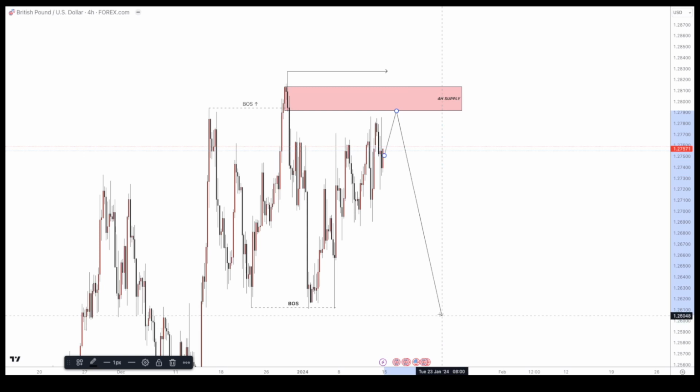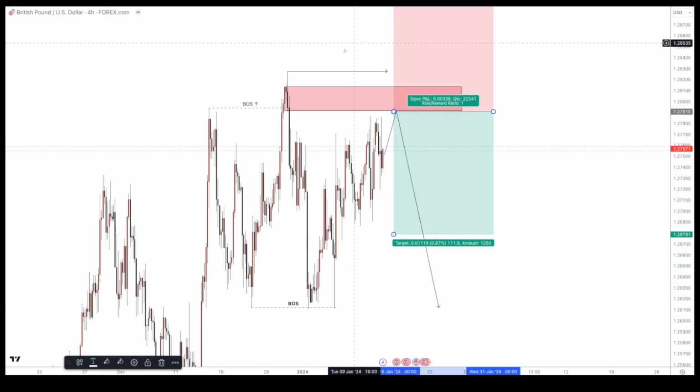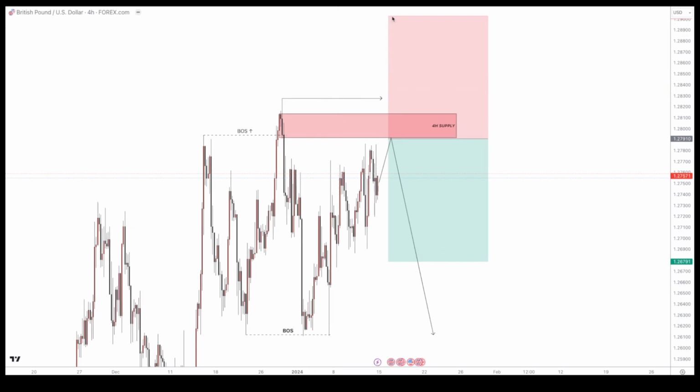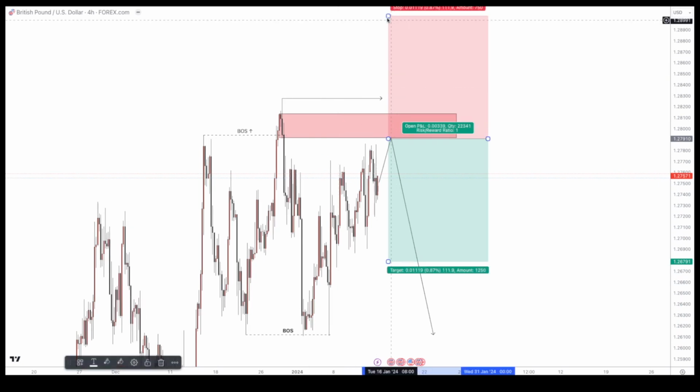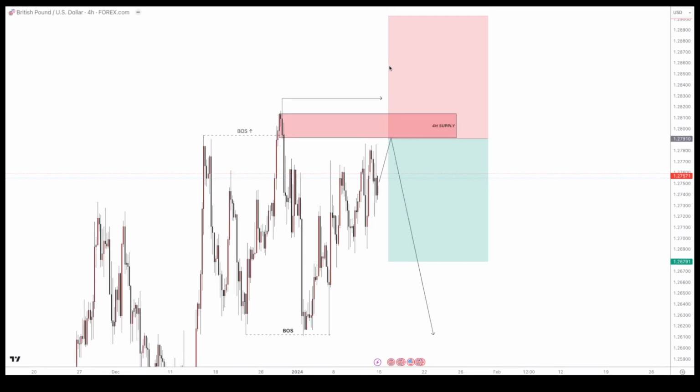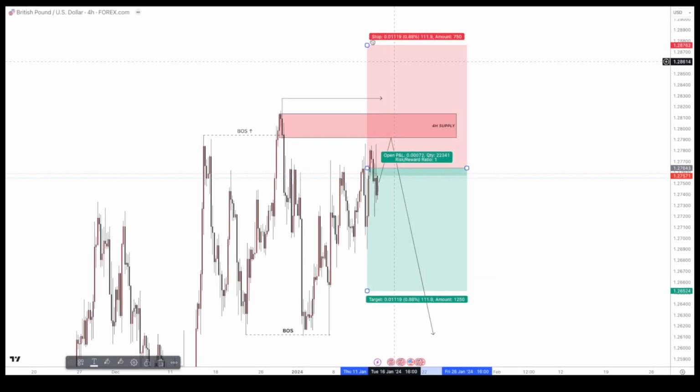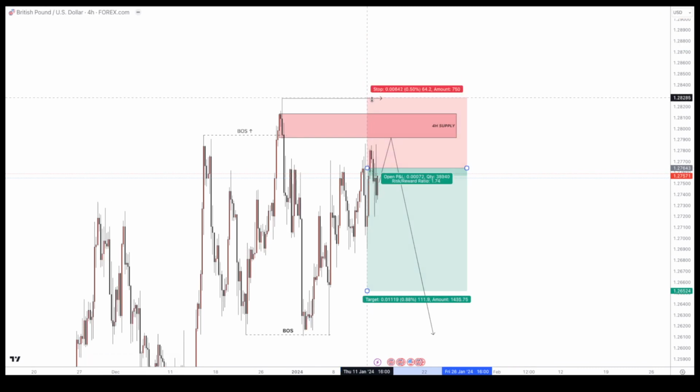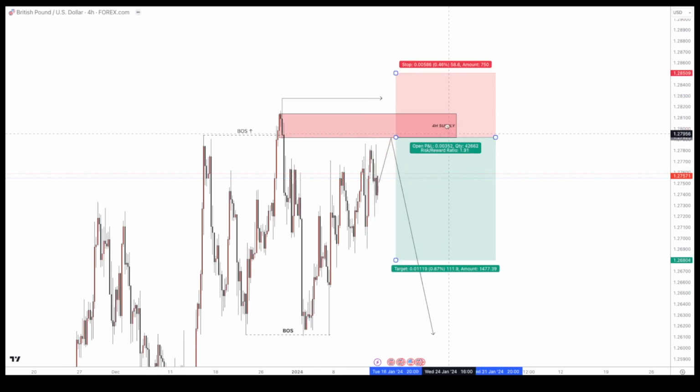And the nicest part about this is something that I also anticipated would happen on CAD-JPY. If we do enter here, I believe our stop loss should be that far off. I'm not so sure what is happening with TradingView, but it's just acting up for me.